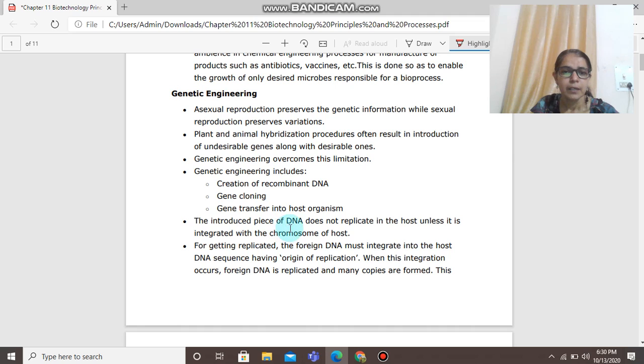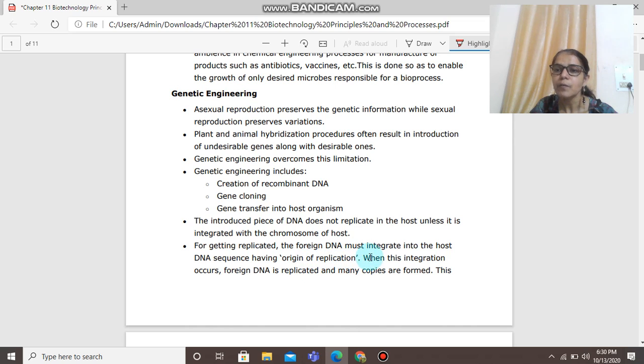Now see, the piece of DNA that we want to introduce in the host is not capable of replicating itself in the host. But if it is part of the host DNA, then it can easily multiply. So what we have to do in this case is we need a vector.